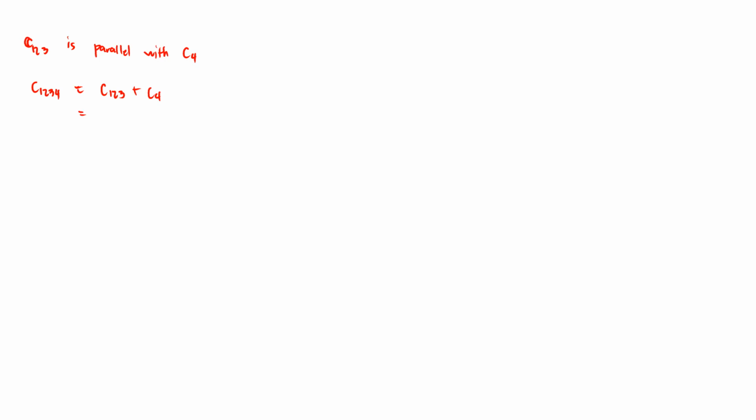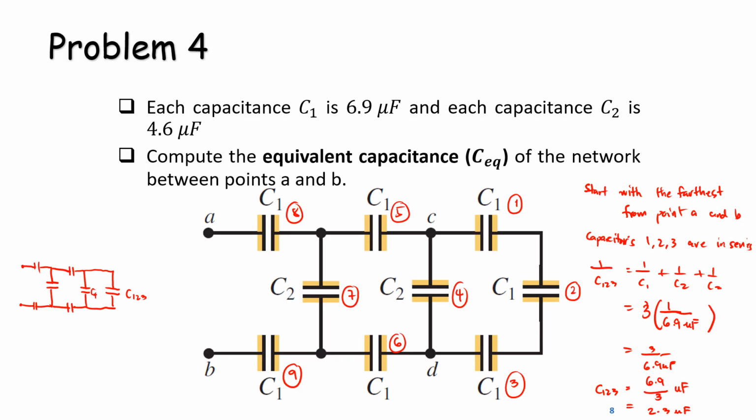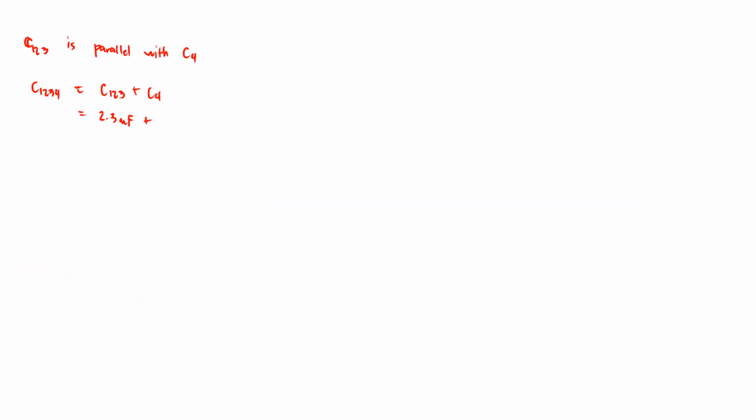So you have your C123 is 2.3 microfarad plus your C4 is 4.6 microfarad. So you have 6.9 microfarad. Your C1234 is equal to 6.9 microfarad.